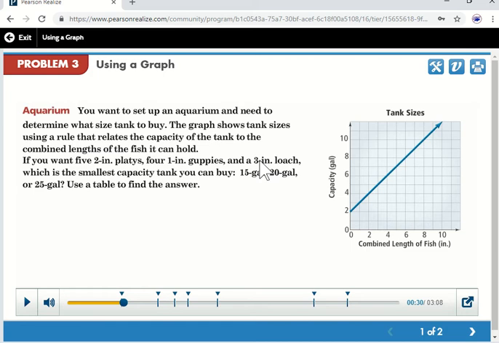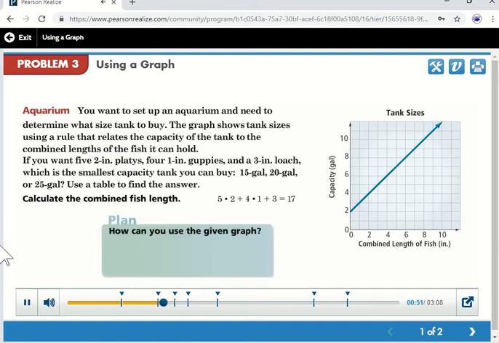Again, it's not recommended to do all this in your head all the time, write this stuff down, right? But anyway, I should let this video do its thing. Calculate the combined fish length. I just can't help myself. I was right. The combined fish length is 17 inches.